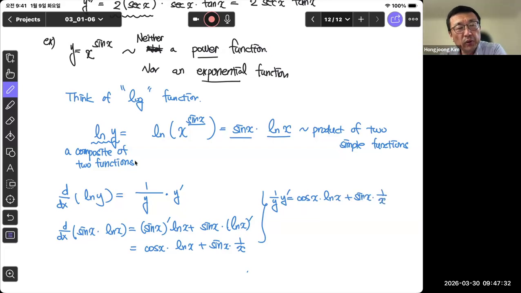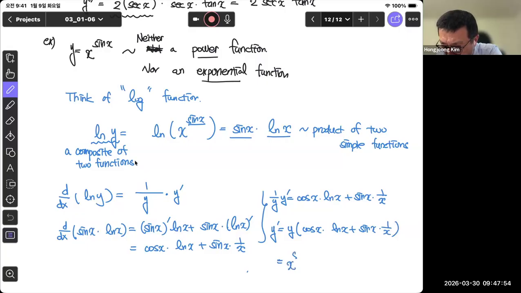Now, our goal is to find y prime. So y prime will be y times the quantity cosine x ln x plus sine x times 1 over x. And what is y? y was this very complicated function, x to the sine x.